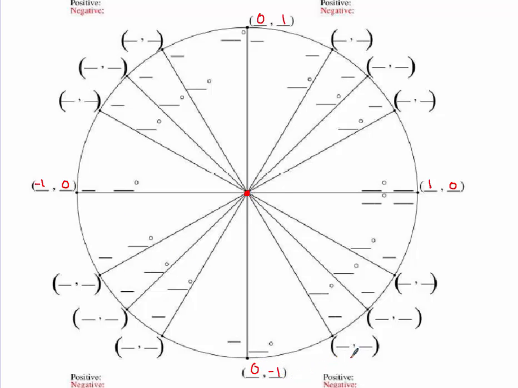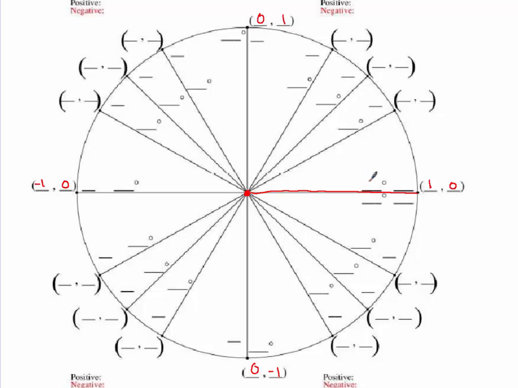So we're going to try to relate degrees and radians in a way that will help you work with both. And the way we're going to do that is we're going to go around and label some specific degree measurements and then talk about what they really mean. So remember, we're thinking that this is our initial side of our angle. And so if this is the initial side, we're going to open up like this as we go around this circle all the way until we get back to 360 degrees.